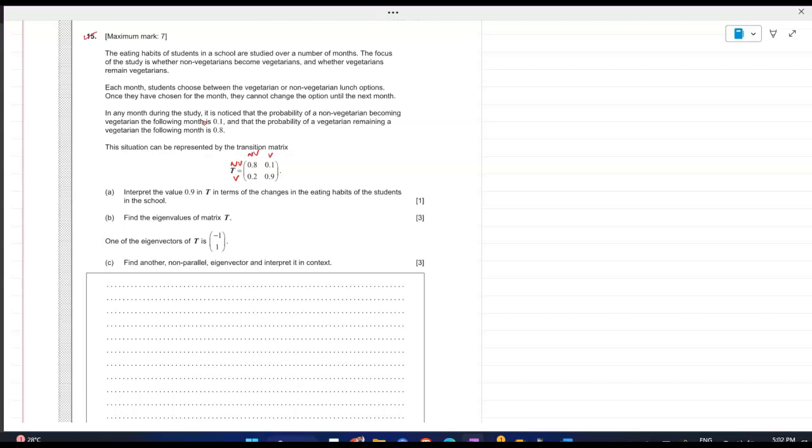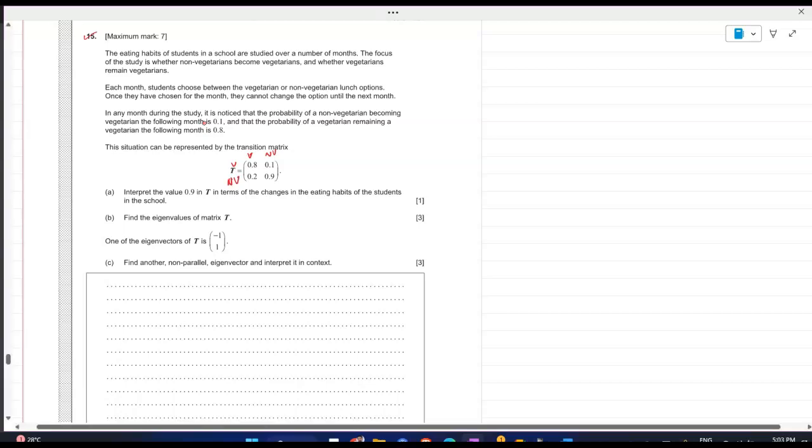Now this is wrong, so it is this way then. The probability of a non-vegetarian becoming vegetarian, this way you have to go, is 0.1. They can flip the order.